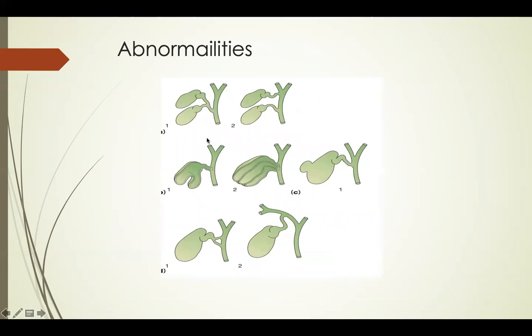Now, in our body, anomalies can occur anywhere, but two structures are very notorious for abnormalities. One is the biliary channels, and the second is, sorry, the short saphenous vein. The short saphenous vein may open into the popliteal vein above the knee joint, at the level of the knee joint, or below the knee joint.